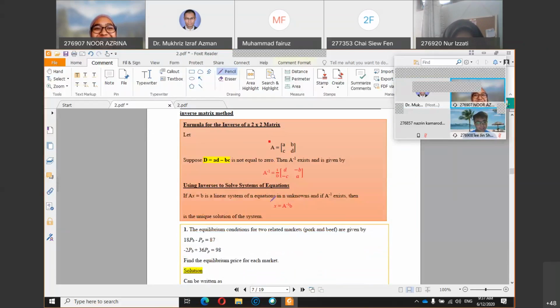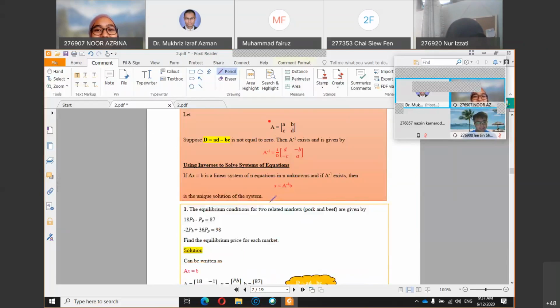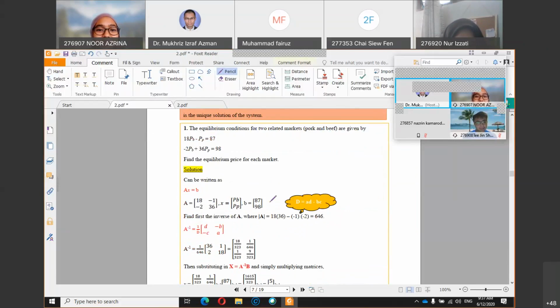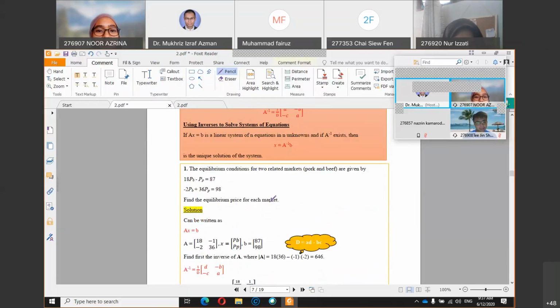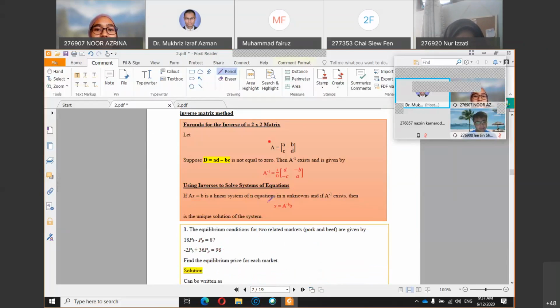Jiran. Okay, so this example here is the application of inverse to solve a simple problem. The inverse sign, you have the power of -1 here, so that indicates an inverse matrix. When you want to write an inverse matrix, A to the power of -1, we call it A inverse.